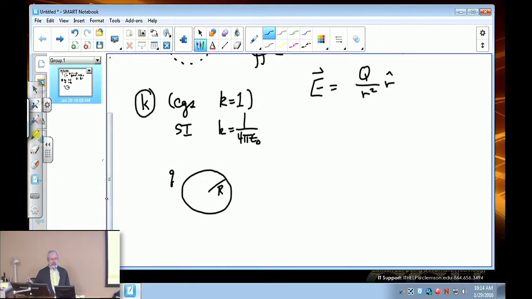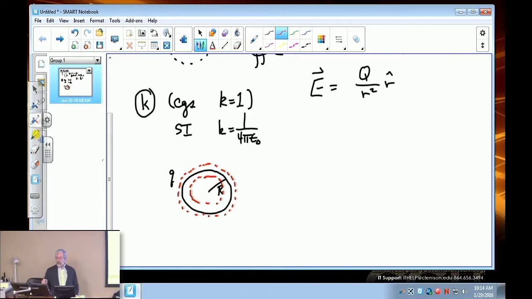Okay, so the argument is basically the same, though, and I want you to pay attention to the symmetry argument as you go along. Remember, Gauss's law is helpful if there's a lot of symmetry, and this is still a rather symmetric situation. So we would create a Gaussian surface, but we have the choice of creating a surface either outside or inside that sphere.